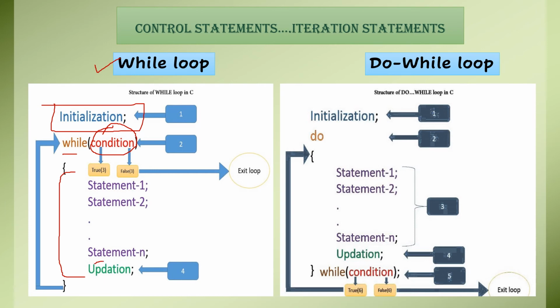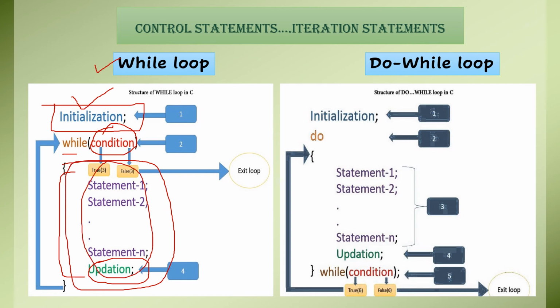And here the control variable, the variable which we have initialized, its value will be incremented or decremented, and after that again the condition will be checked, and these statements will execute repeatedly. Every time this condition is checked in while, and if it is true, this block is executed, and whenever this condition becomes false, then it will come out of the loop.